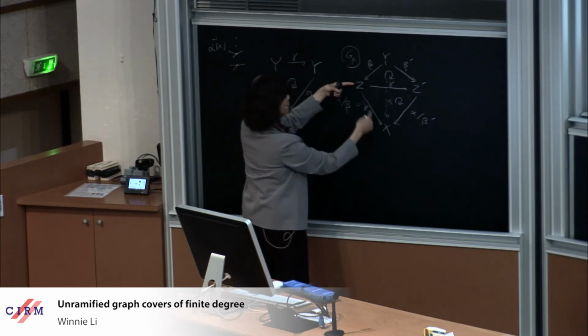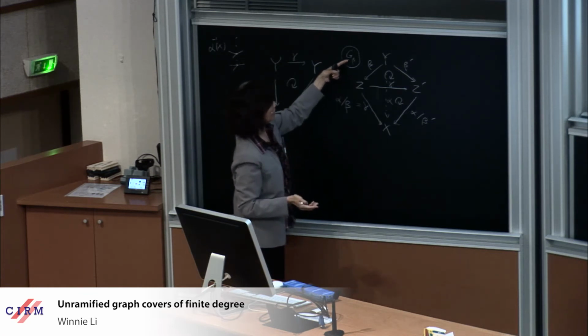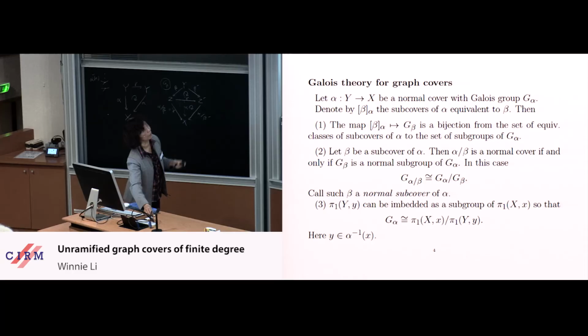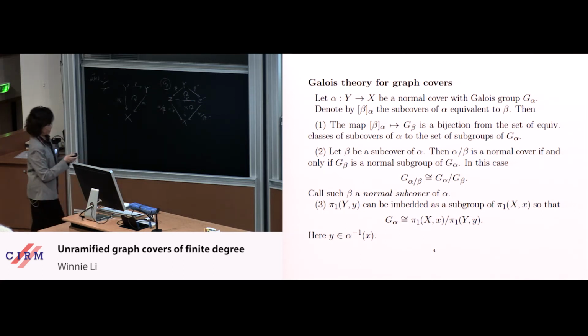So to each equivalence class of subcover we can map it to its Galois group G beta, and this sets up a one-to-one correspondence between the classes of subcovers and the subgroups of the Galois group.